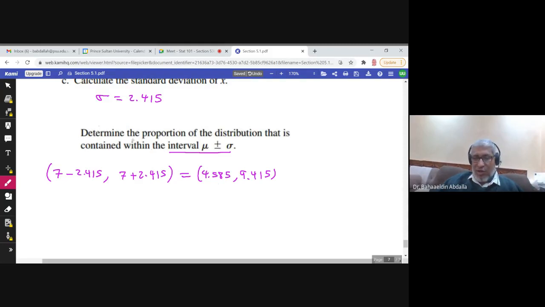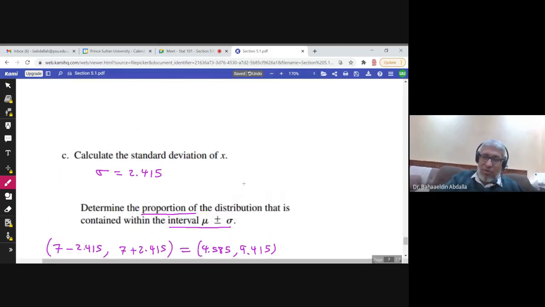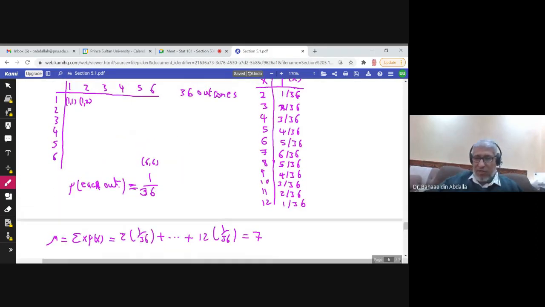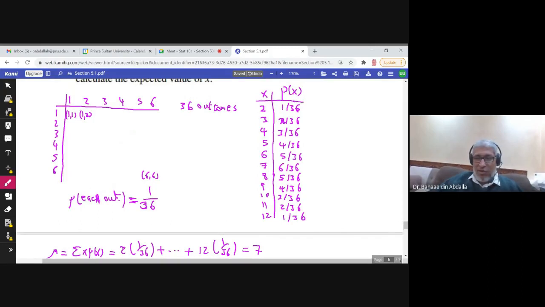Now, what is the question? Determine the proportion of the distribution that's contained here. Okay, so what proportion of the distribution is contained between 4.5 and 9.4? Now go to the values of x. We need it to be greater than 4.5. So 5 would be included, but 4 will not. 9 point something, so 9 would be included.